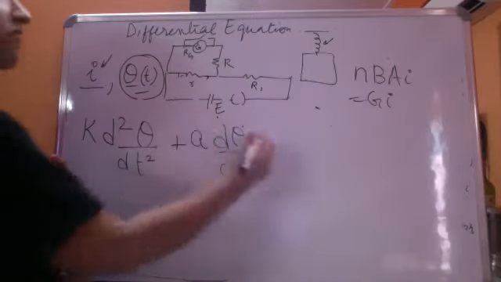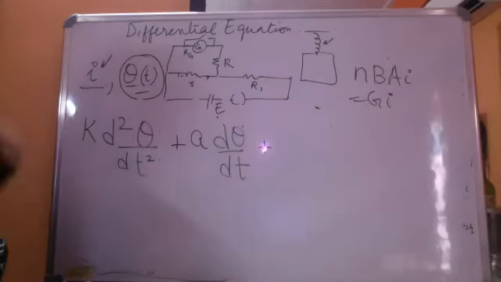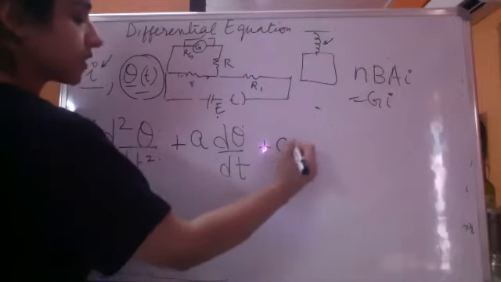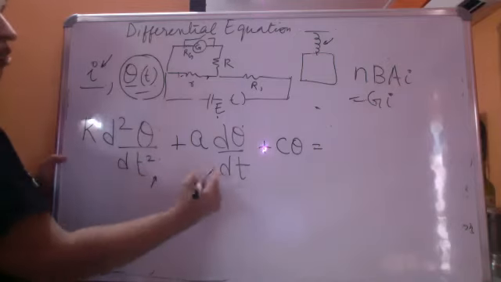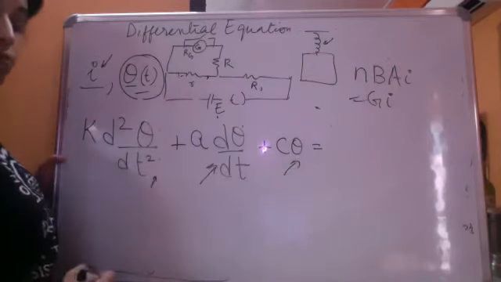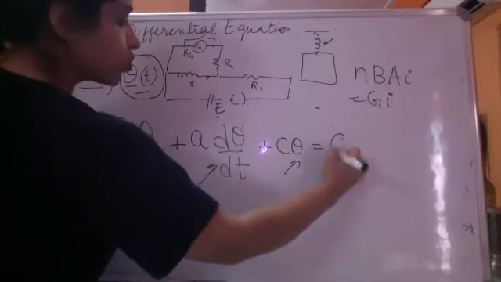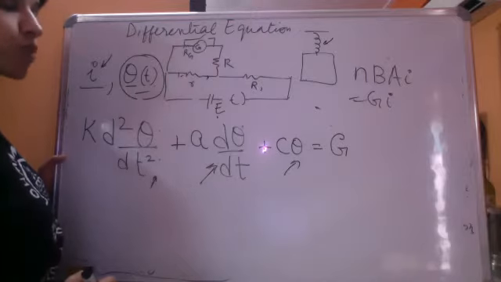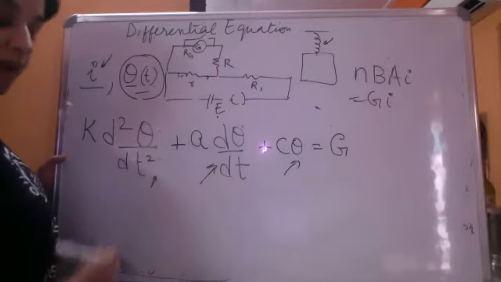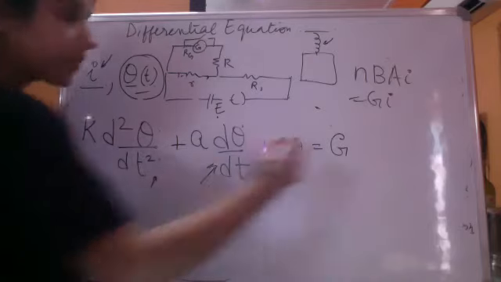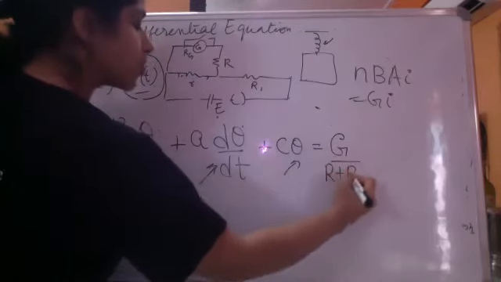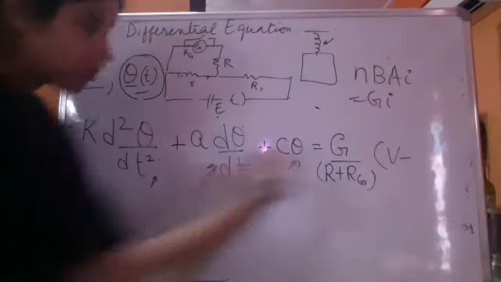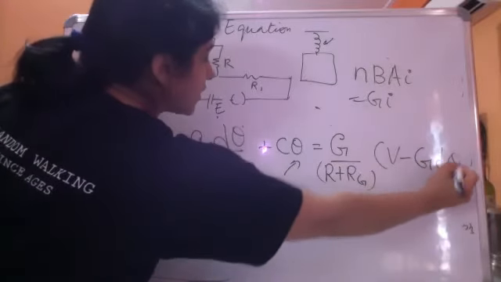So on the left hand side, I have all my retarding, restoring and opposing couples: due to inertia, due to viscous damping, due to the phosphor bronze fiber, equal to G times I. That is the couple that's produced when the coil moves inside my magnetic field due to a steady current I, and this is equal to G over R plus Rg into V minus G d theta by dt.